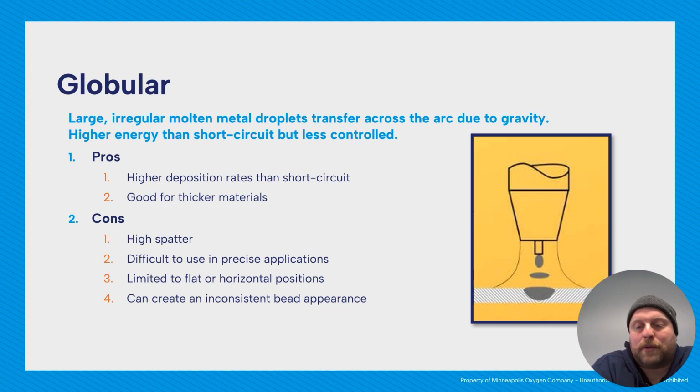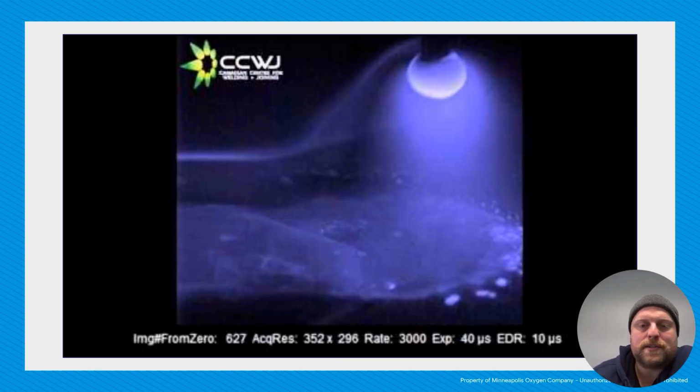So if we look at just globular right now, here is another video from the Canadian Center for Welding and Joining. Similar to short circuit, again, 3,000 frames per second, I believe. Regardless, 3,000 is the rate. But we're melting, and you can see it's a big blob here. It's not touching the weld pool like it was with the short circuit. It gets to be such a size that it breaks off and goes into the weld pool.